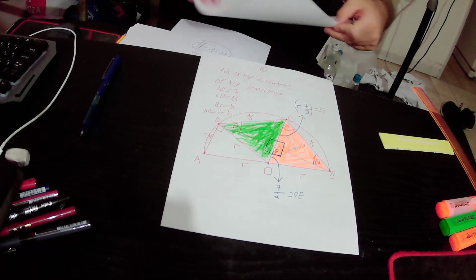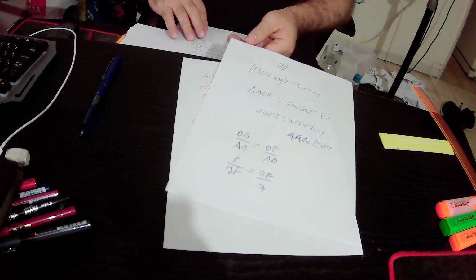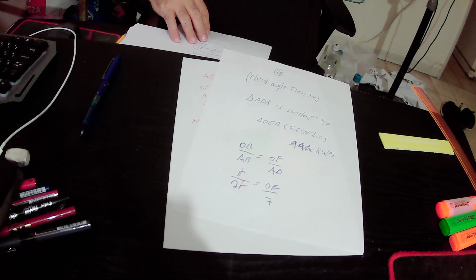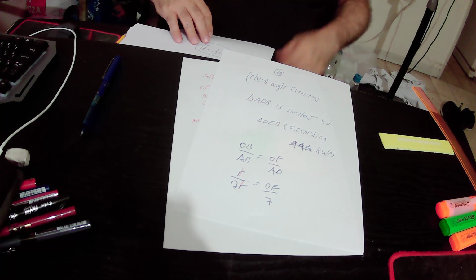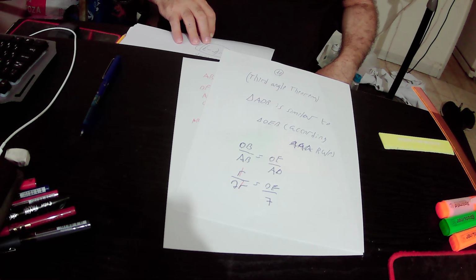the third angle theorem. The third angle theorem states that if you have two triangles that are equal between them in two angles, then they must also be equal between them in the third pair of angles, because the third pair of angles is complementary to 180 degrees.